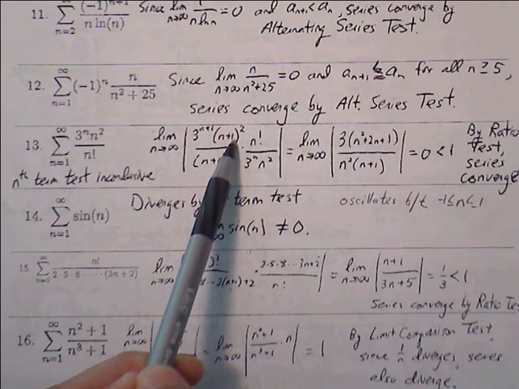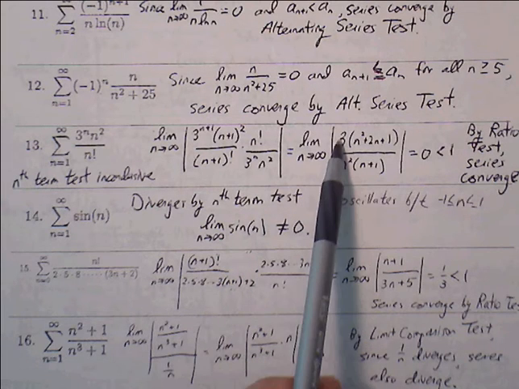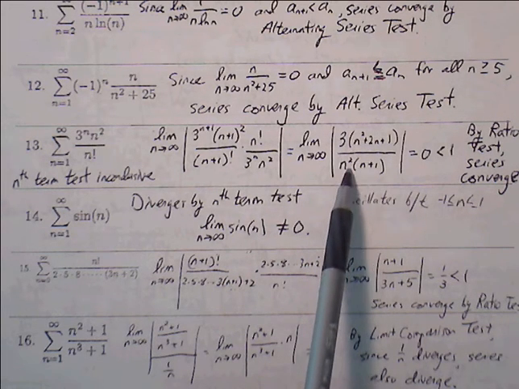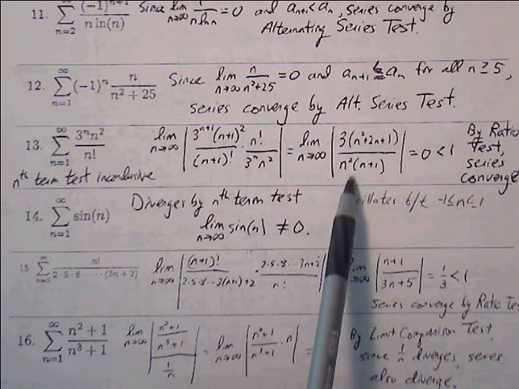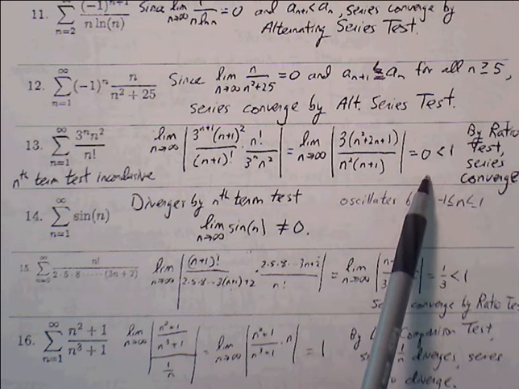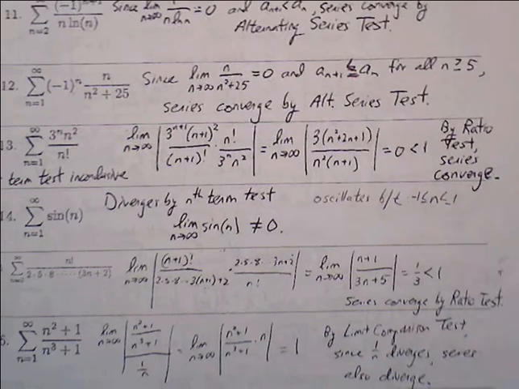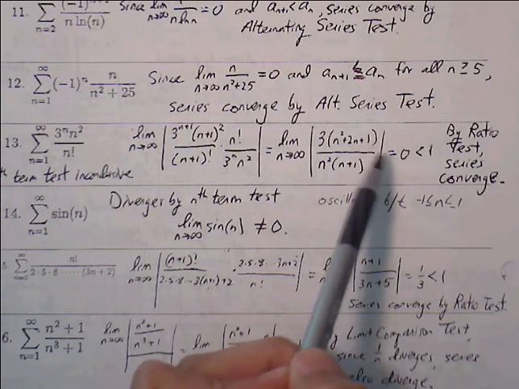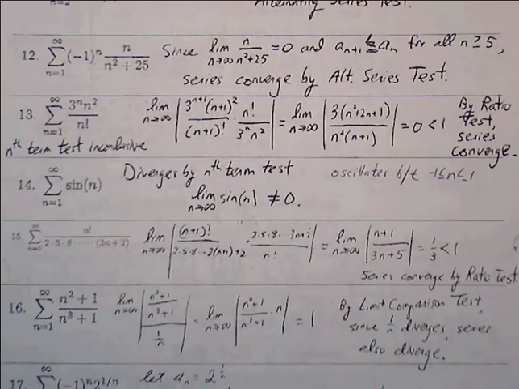So if we expand all these terms out, we can see that eventually the denominator has a higher degree than the numerator, and so therefore we know that the limit of this expression will go to 0, which is less than 1. Less than 1 is the condition that needs to pass, and because it passes this condition, we know that by the ratio test the series will converge.